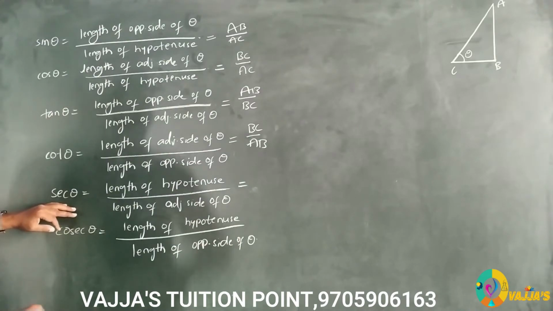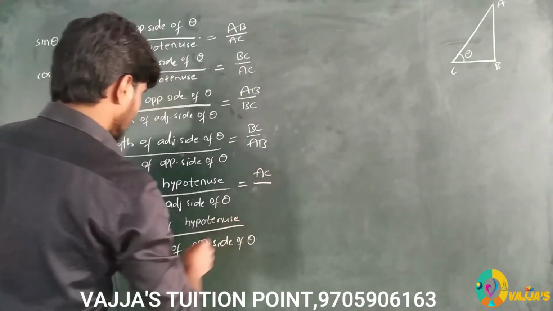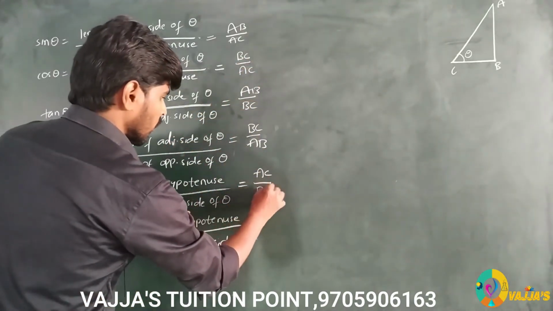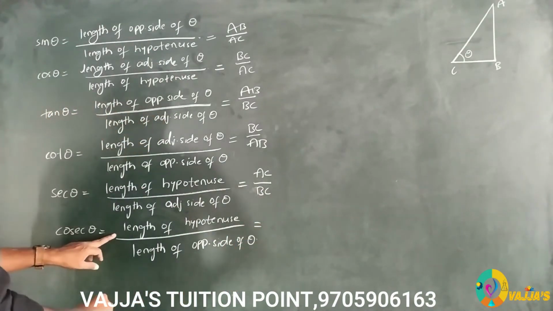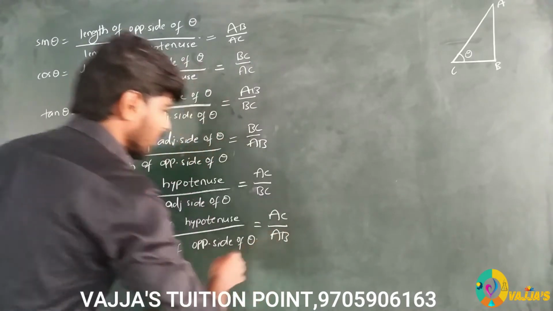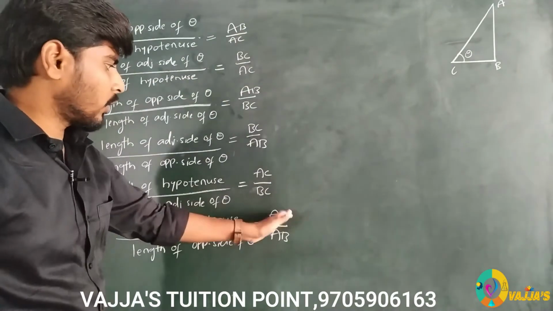Next secant theta is nothing but hypotenuse AC by adjacent side BC. Next cosec theta is nothing but hypotenuse AC by opposite side AB. Okay, if your theta is here, these are the ratios.